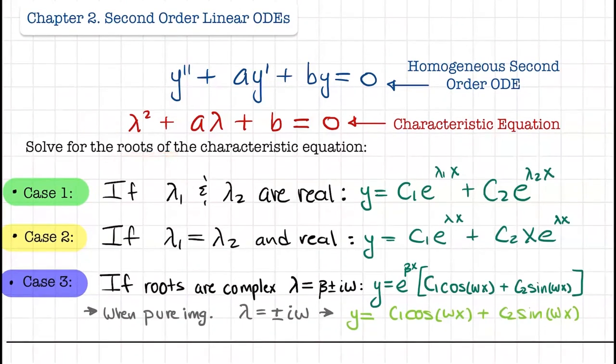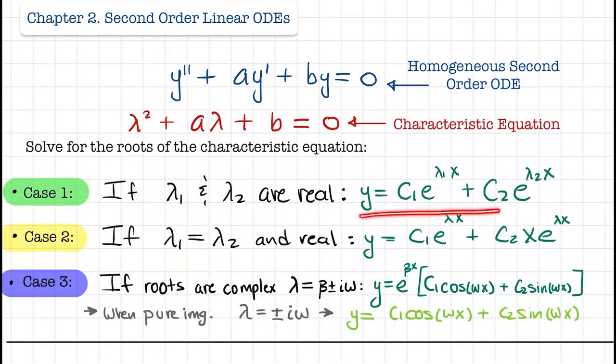Depending on what the results for the roots are, we can have three different solutions. For case one, we get our two roots to be real, meaning they are real numbers, whether positive or negative, and distinct, meaning lambda 1 and lambda 2 are both real, not complex, and different numbers from each other.